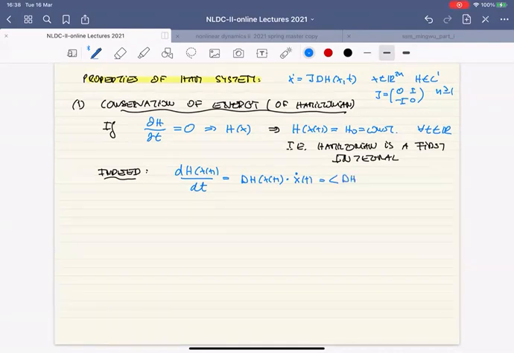It depends on x of t, but I suppress that in the notation. We know where I'm evaluating dH, and then I take the dot product of that with x dot, but x dot is right here, so that's J dH, right? Now, what I have is an inner product of two vectors, dH being one, and the other vector, in fact, there's something in between, J.